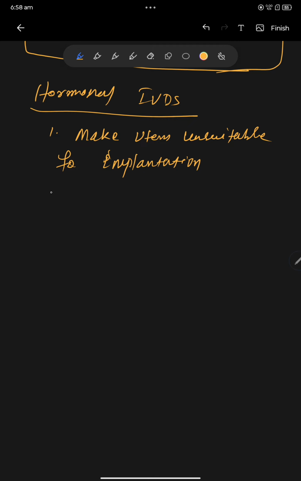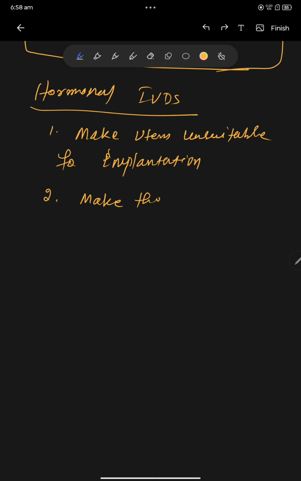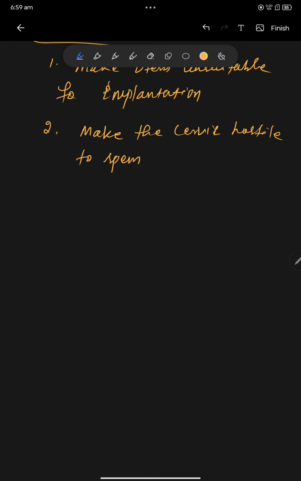And then there is another chance, it can make the cervix hostile to sperm. That means what will happen?